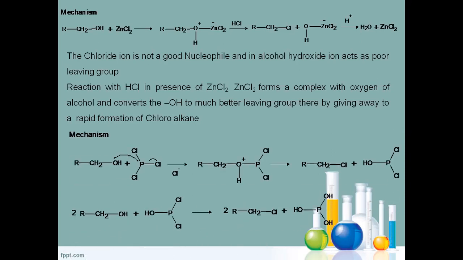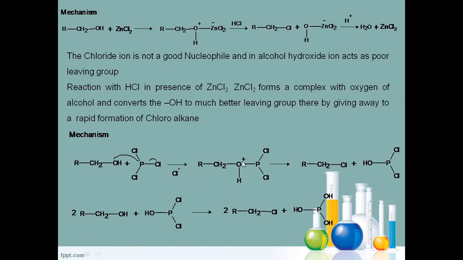The next one, we can also prepare from phosphorus halides, that is, phosphorus trichloride. When you treat with phosphorus trichloride, the lone pair of electrons present on the oxygen is donated to the phosphorus. Then the electrons migrate from the phosphorus to the chlorine, which leaves as a chloride ion.